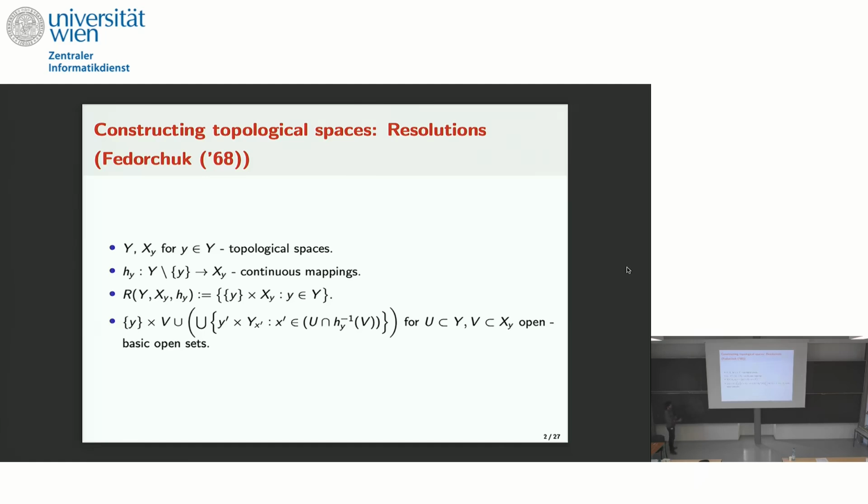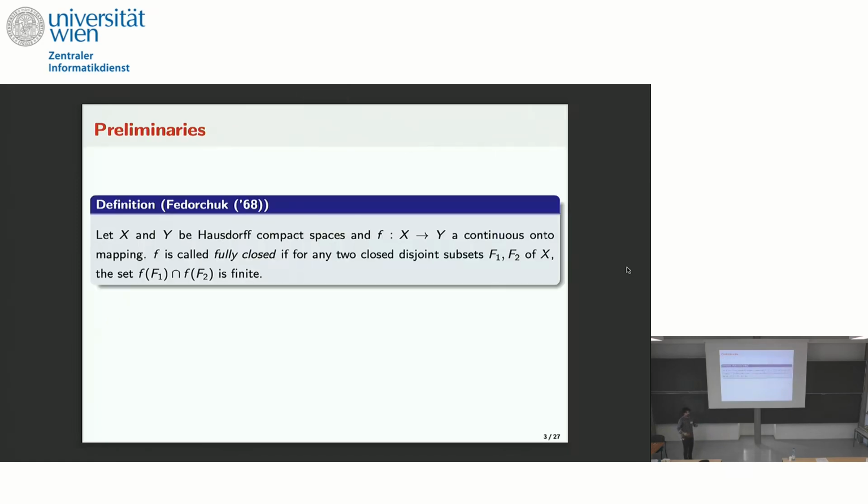I will not go into detail right now, but it gives you a way to replace all the points by some topological spaces. And he gave a generalization of this.